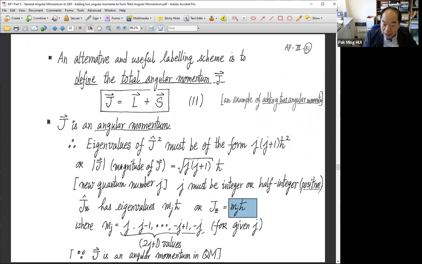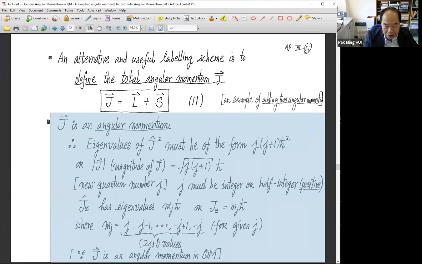And Mj can only differ by 1. And more, given the longest Z component j, ħ, Mj goes from j to minus j in steps of 1. And altogether, there are 2j plus 1 values. So now you realize or appreciate this box.